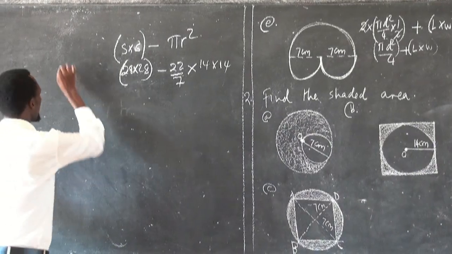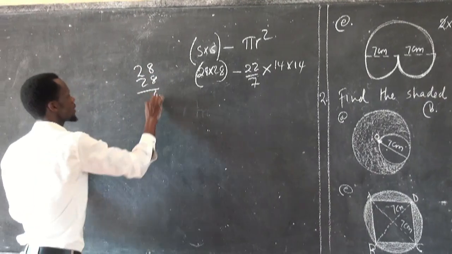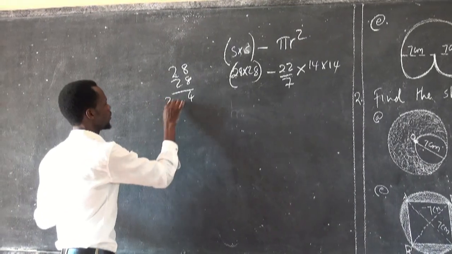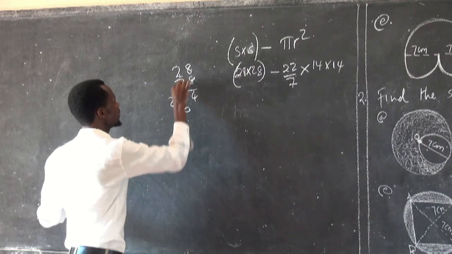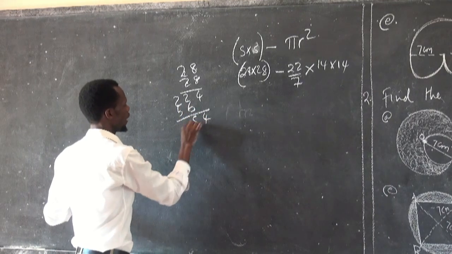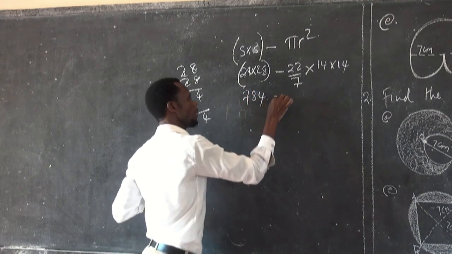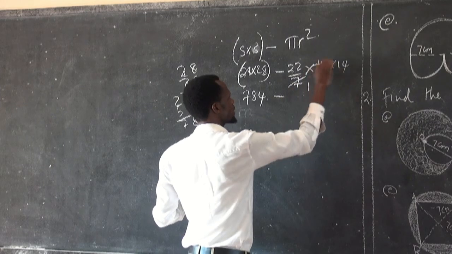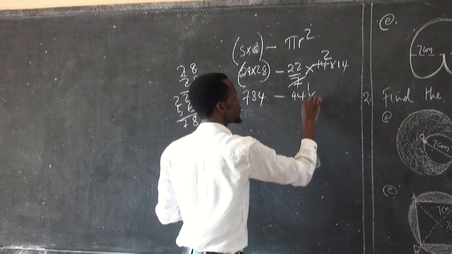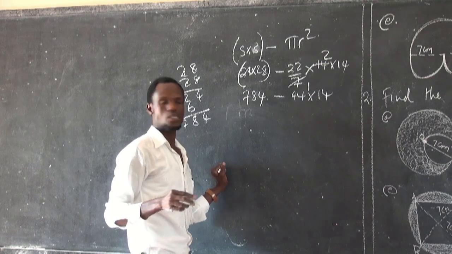Now 28 times 28 is 784. Then minus, simplifying, we have 44 times 14, which is equal to 616.